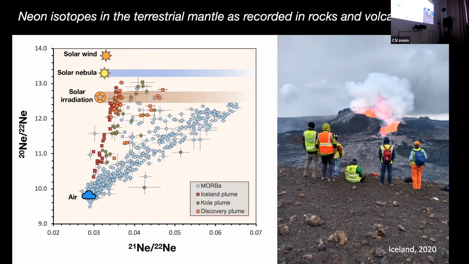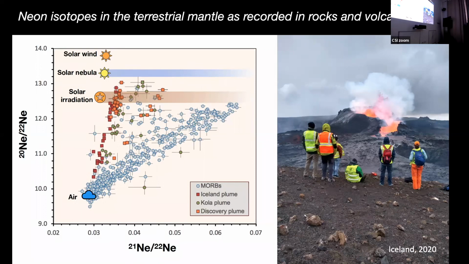It's just by construction of such a diagram. Here are represented the atmospheric composition of neon, the composition of the solar nebula, and these are samples from within the interior of the Earth. These are either volcanic gases or gases trapped in volcanic rocks, mid-ocean ridge, mantle plume, and so on.